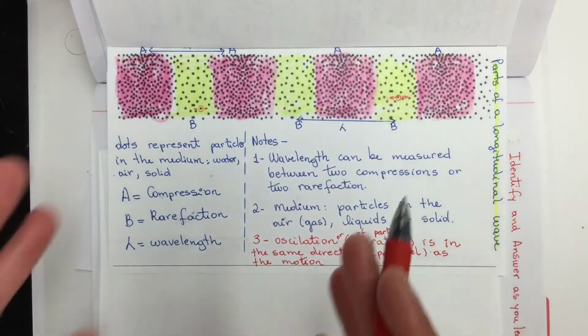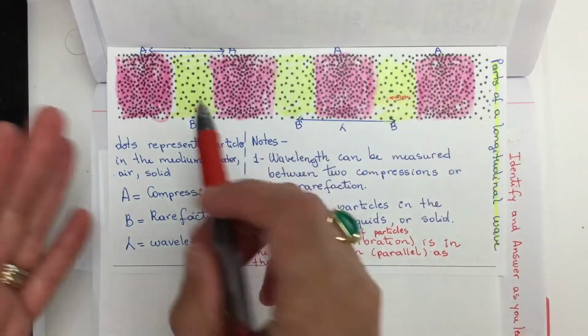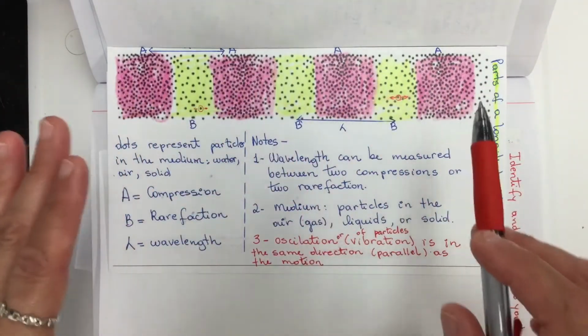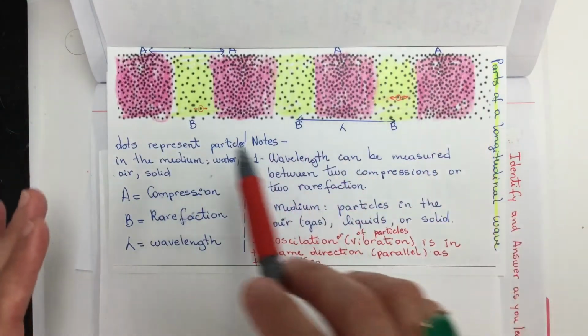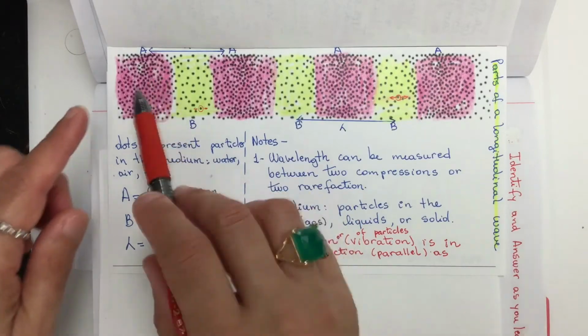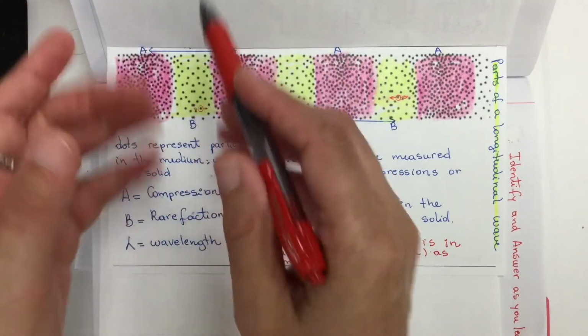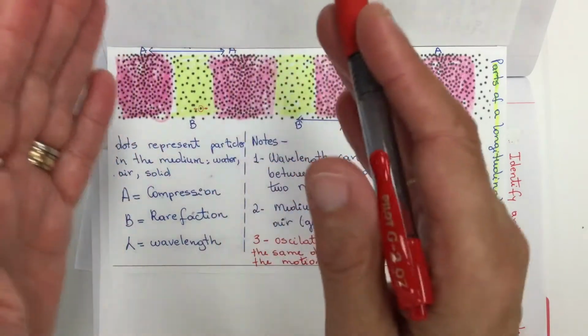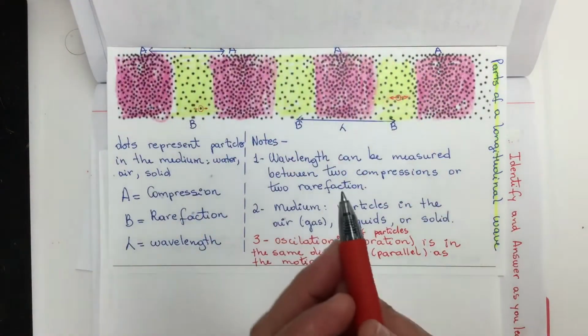So because of this type of behavior, we have 2 very specific areas in a longitudinal wave: an area where we have a concentration of particles and an area that is more relaxed, another one with more concentration, another one more relaxed.